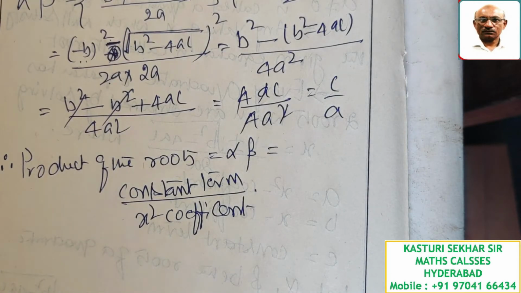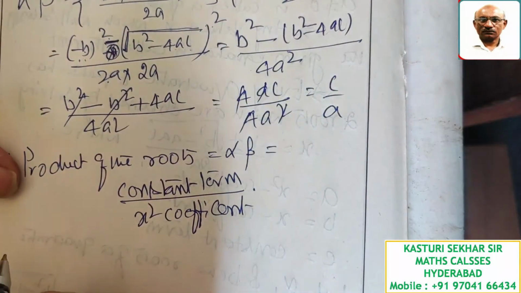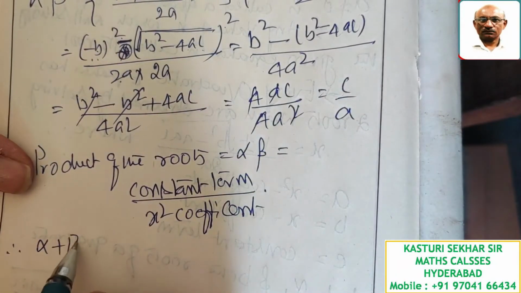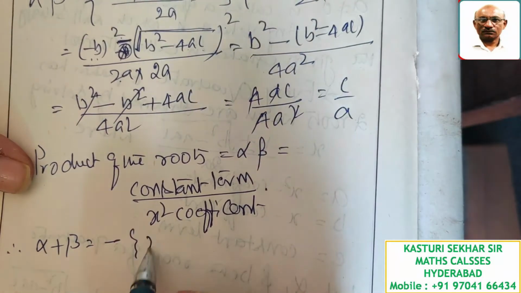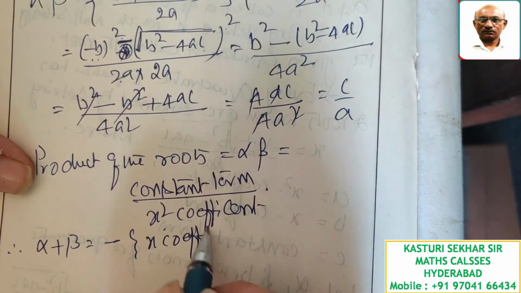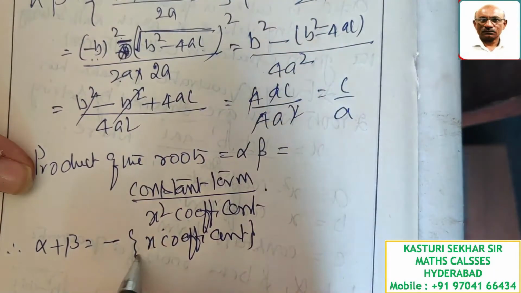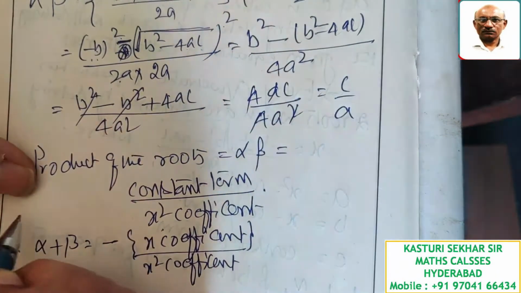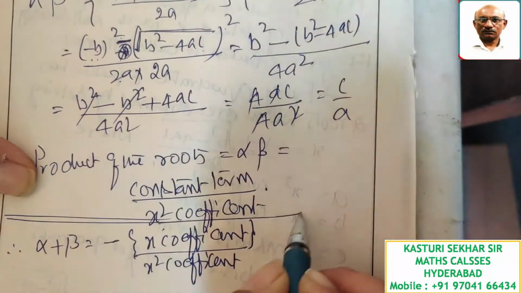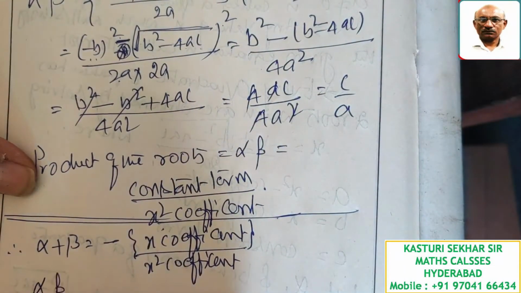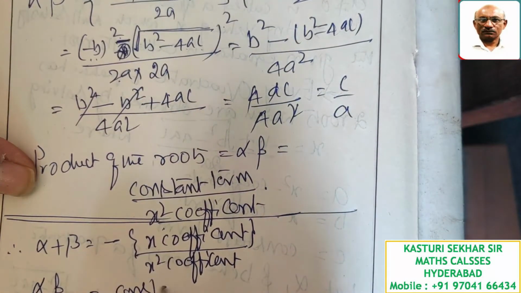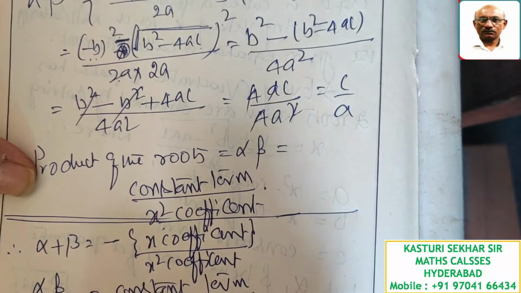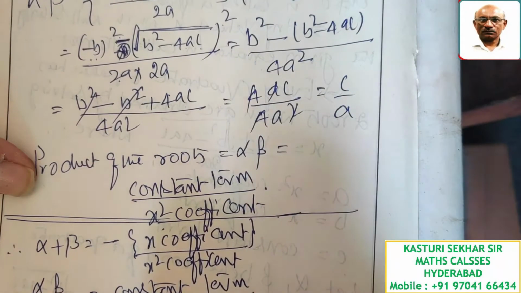That will always give you the product of the roots. Therefore, I am writing the summary once again. Sum of the roots is equal to minus of x coefficient divided by x square coefficient. Product of the roots is equal to constant term divided by x square coefficient.